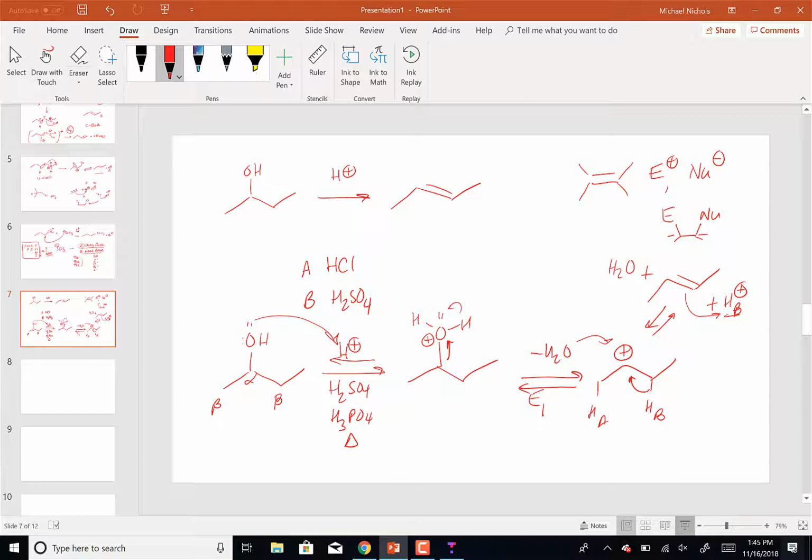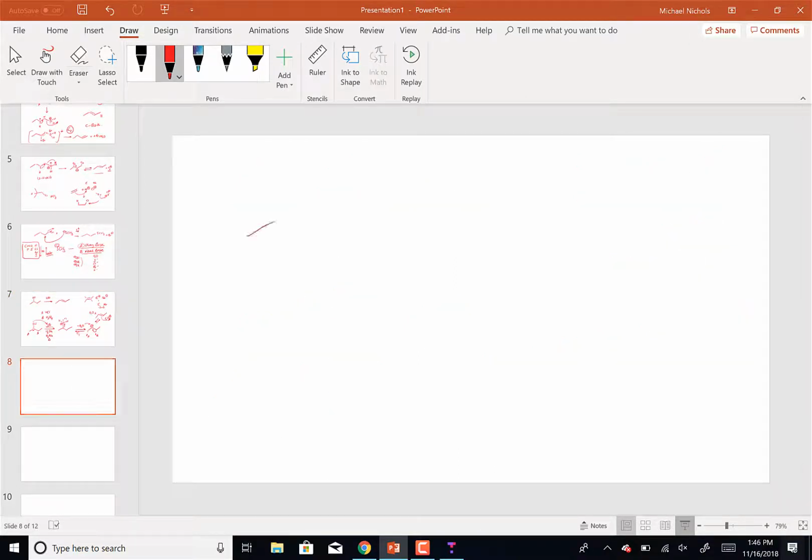So would that reaction end in an equilibrium? Yes. So actually, if I'm going to do a dehydration reaction, I have an equilibrium. And the problem is that my overall reaction looks like this.